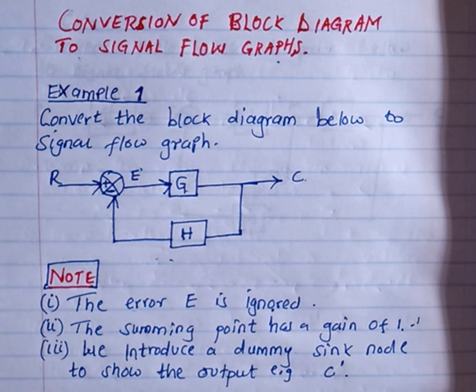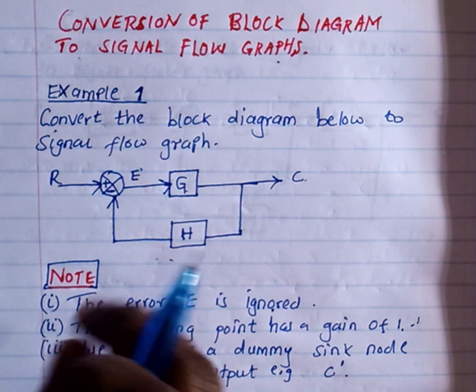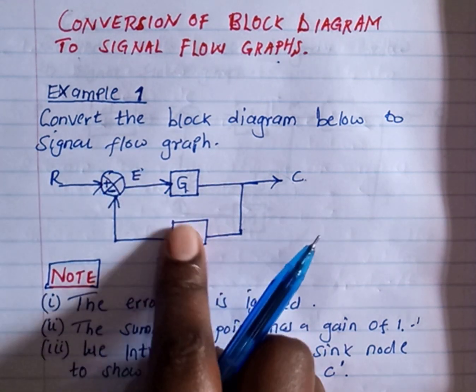We need to create a dummy sink node that we call C prime. So let us just plot the signal flow graph for this block diagram here.